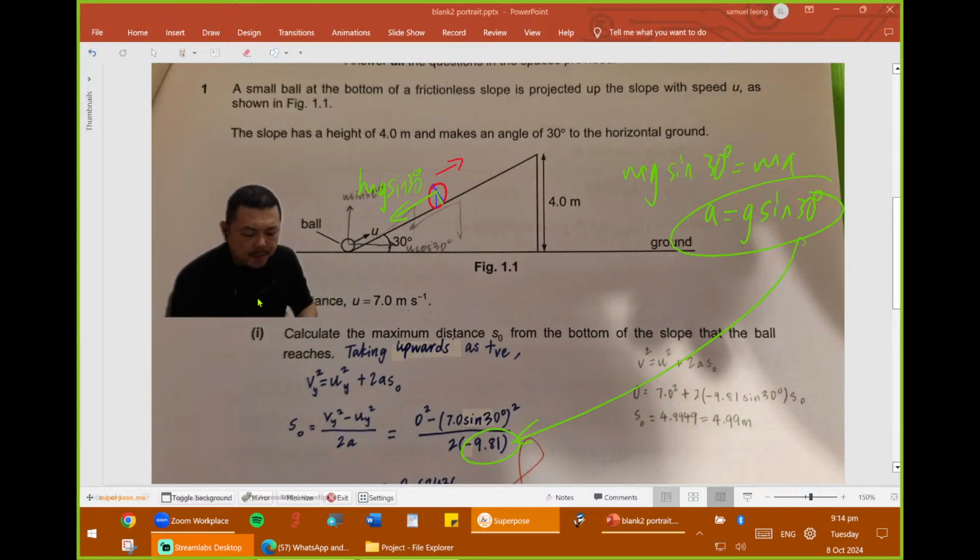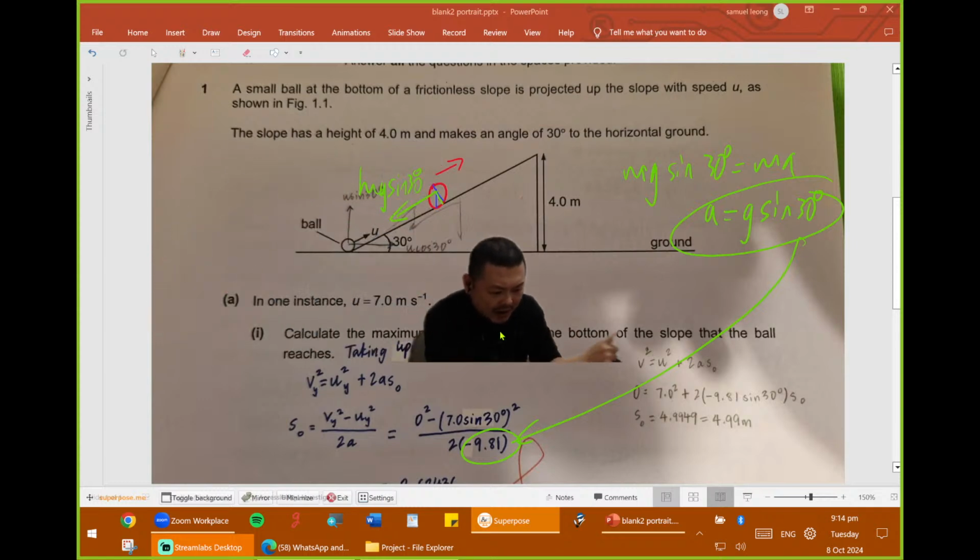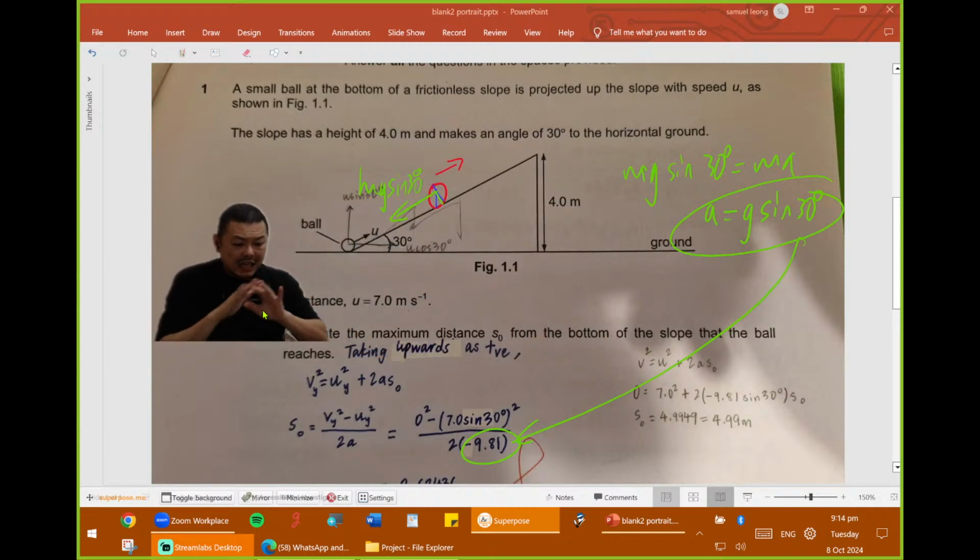Always remember, the energy method is easier. Okay, I won't say always. Whenever you deal with slope stuff, going up the slope, calculating speed, calculating how far it travels, and there is no time factor, you don't need to use kinematics.